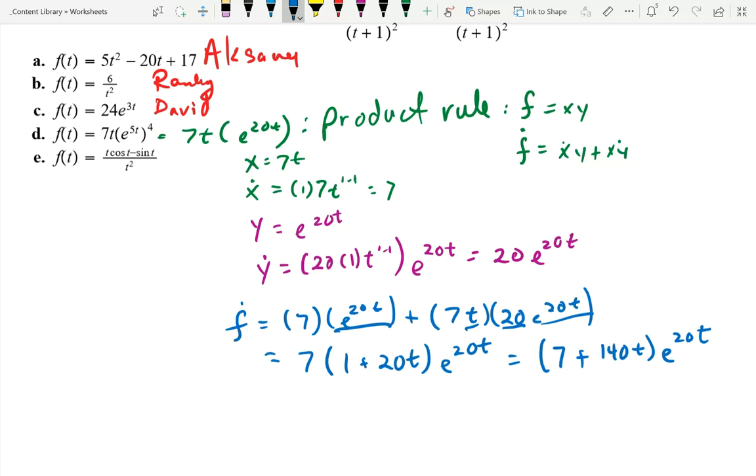Right, if you take these terms, 7, t, 20. And from the other one, the 7 was there, and 7 times 1. And both of them had e to the 20. Right. That I get, but.